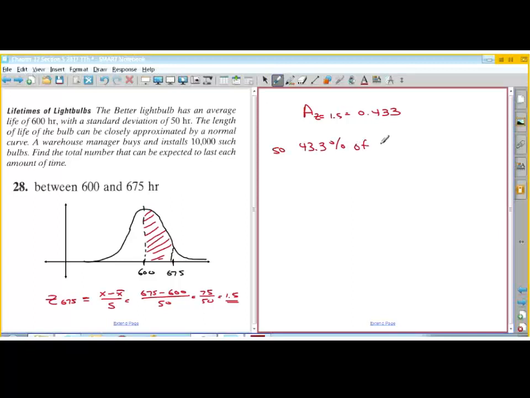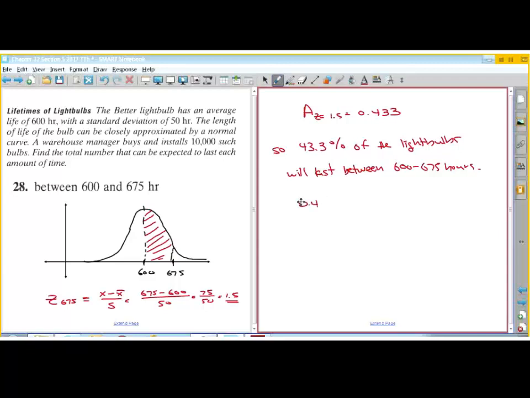So 43.3% of the light bulbs will last between 600 and 675 hours.